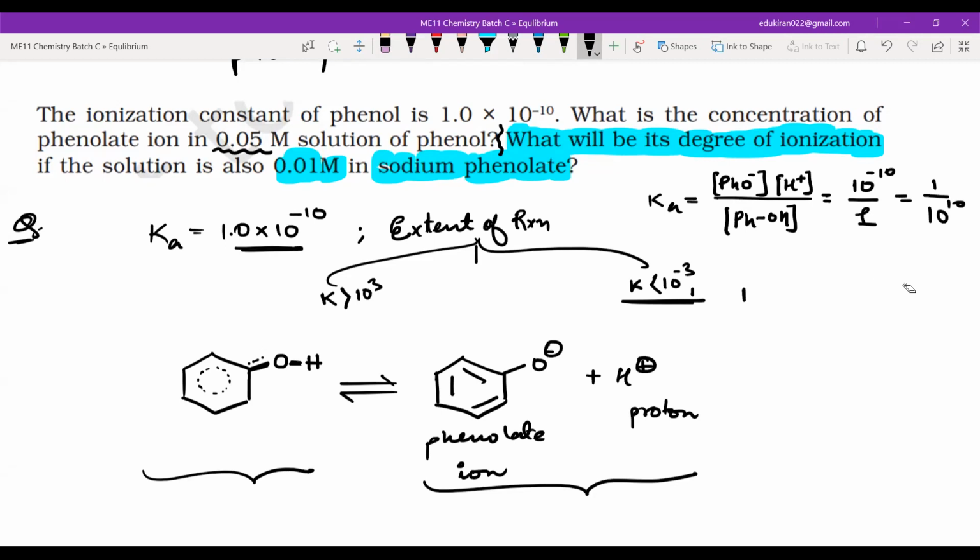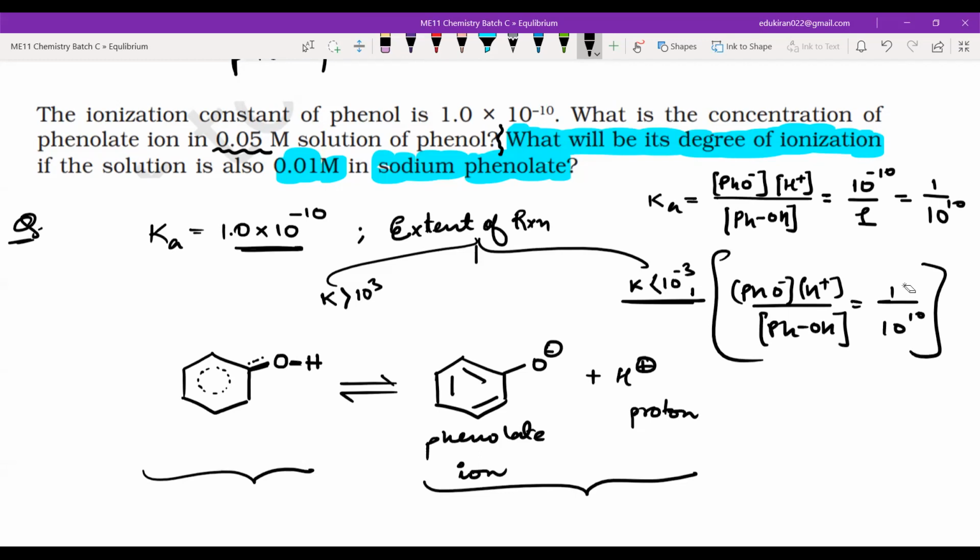Now you see what I am writing. PhO negative into the concentration of H plus divided by PhOH is equal to 1 over 10 to the power 10. Now you tell me, by this equation that was already given to me, is it a strong acid or a weak acid?